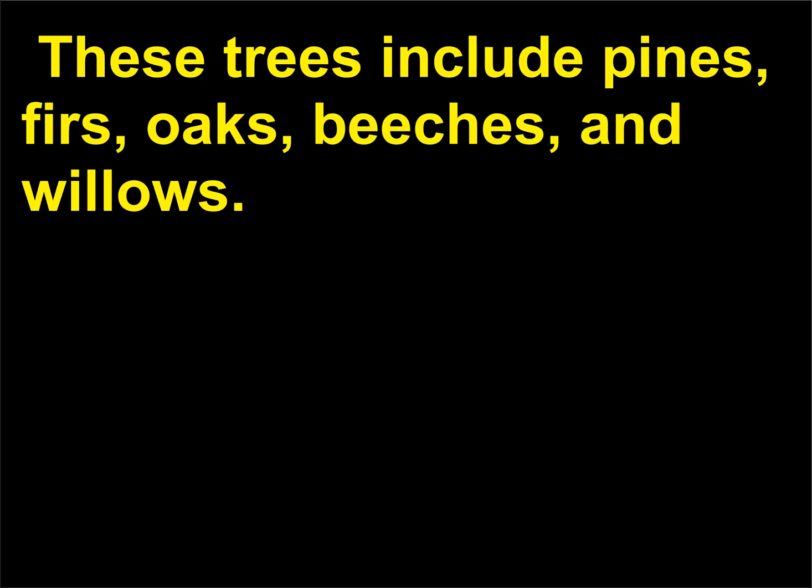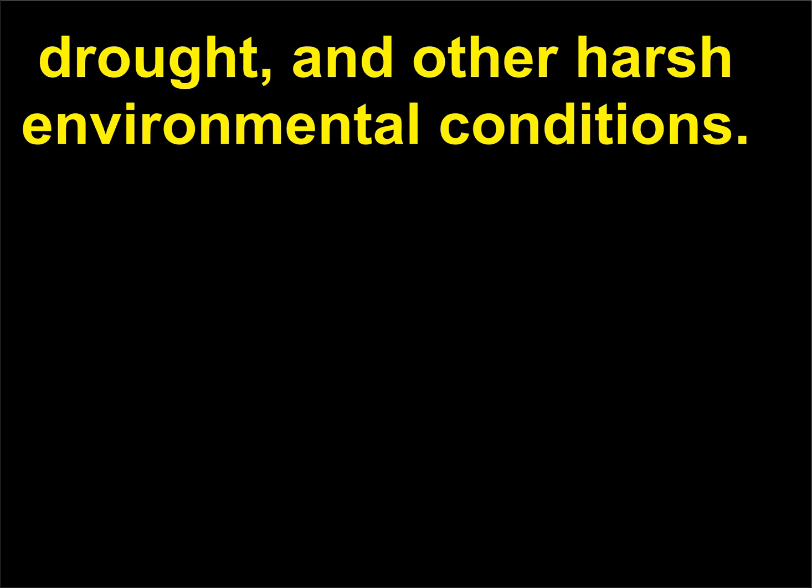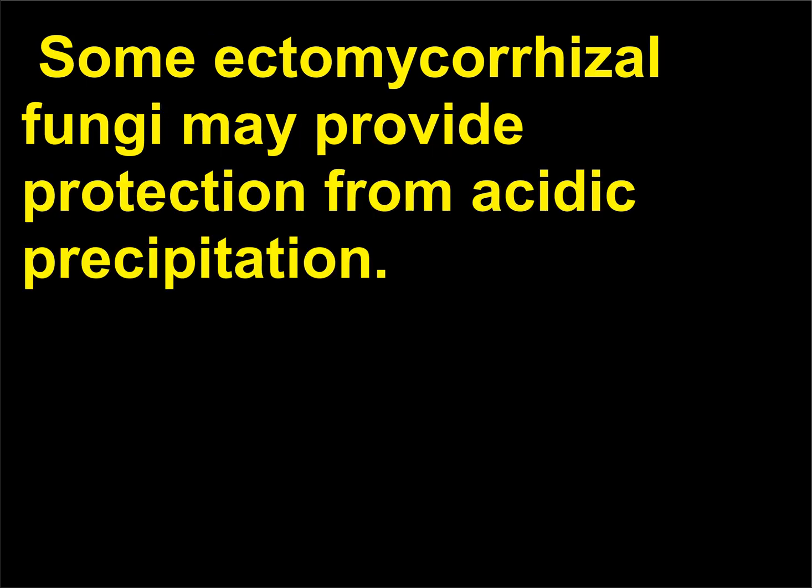These trees include pines, firs, oaks, beeches, and willows. These plants tend to be more resistant to extreme temperatures, drought, and other harsh environmental conditions. Some ectomycorrhizal fungi may provide protection from acidic precipitation.